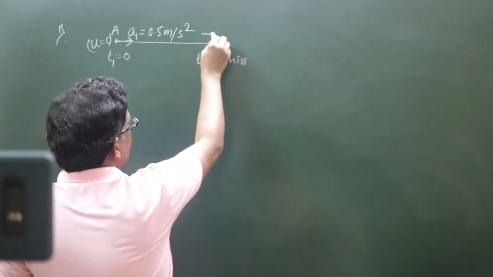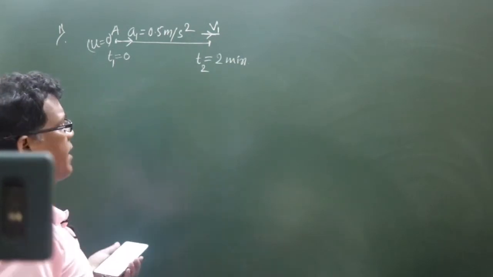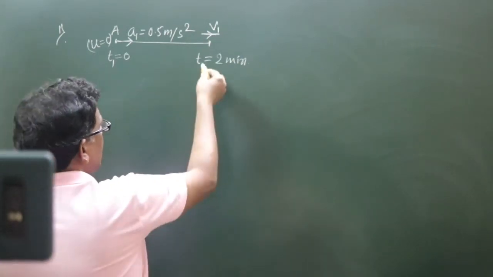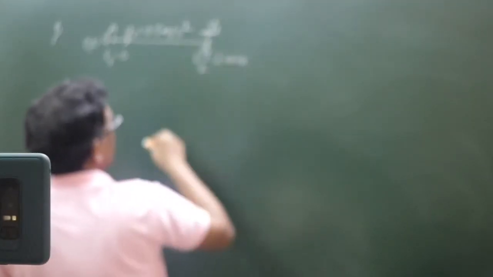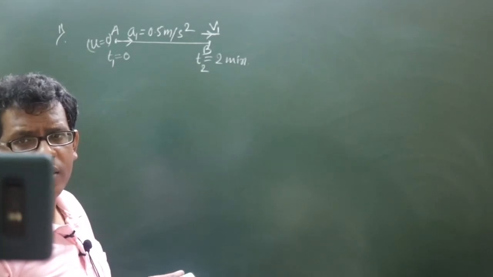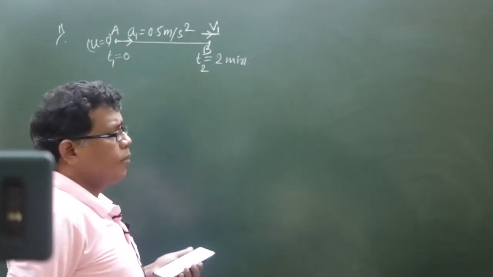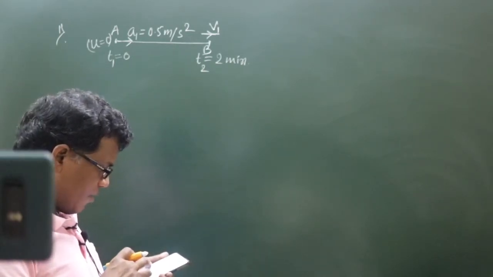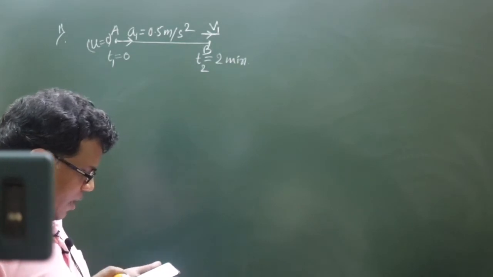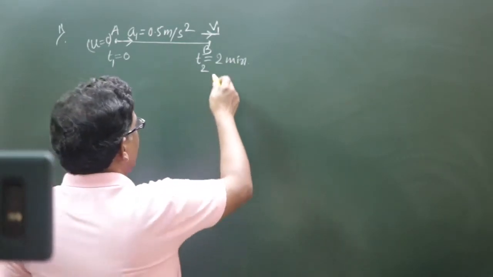So, we can expect some velocity v1 achieved by the train at the position marked B, at t equal to 2 minutes. Let the train have some velocity there. I will definitely calculate that, but first I would like to explain the entire thing on a diagram.